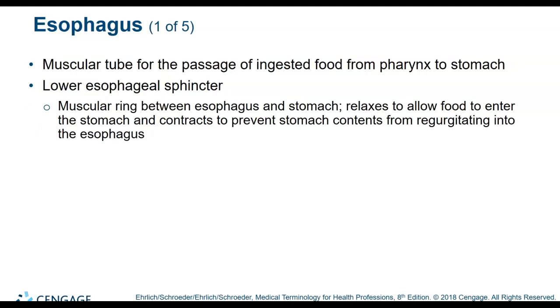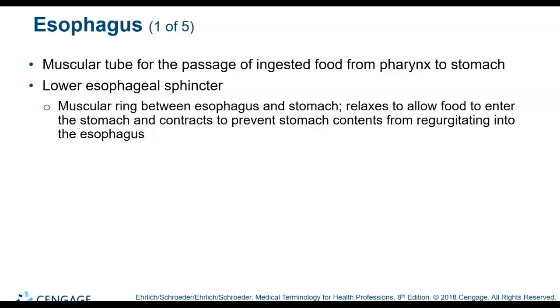The esophagus is a muscular tube specifically for the passage of ingested food from the pharynx to the stomach. At the bottom of that, there is a lower esophageal sphincter. And this is going to be really important when we talk about GERD and some of the other diseases that are associated with it.